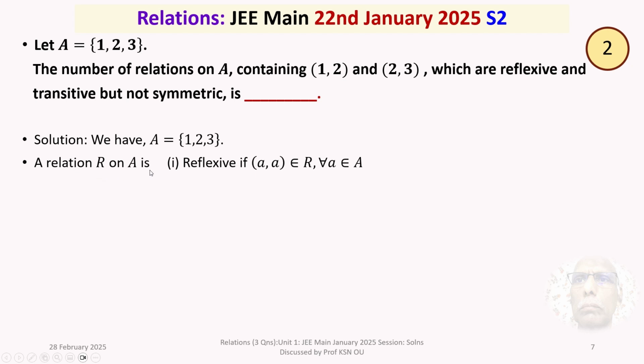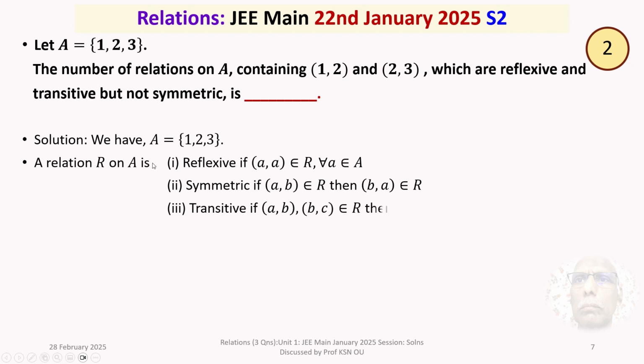Recall, a relation R on A is reflexive if the ordered pair (a, a) belongs to R for all a belonging to A. A relation R on A is symmetric if (a, b) belongs to R, then (b, a) belongs to R. A relation R on A is transitive if (a, b) belongs to R and (b, c) belongs to R, then transitivity tells you (a, c) also belongs to R. A relation R on A is an equivalence relation if it is reflexive, symmetric and transitive.